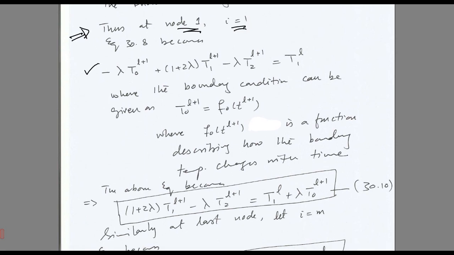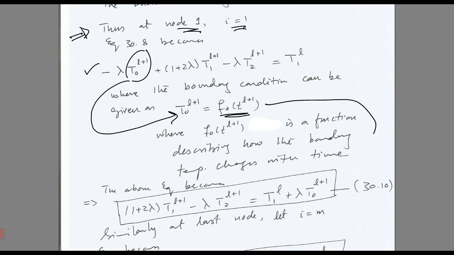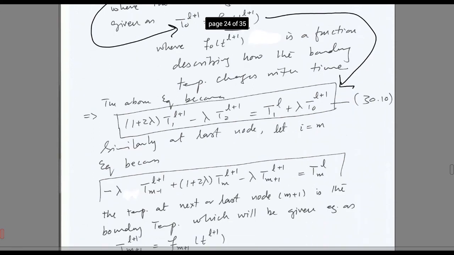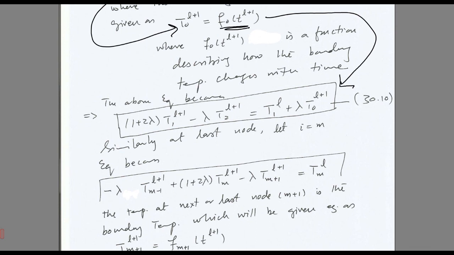As we discussed, there will be a boundary condition here, and this value can be represented as a function, but it will be known, so we will bring it to the other side, and that's why this is brought here as 30.10. The same thing happens with the last node, where this value will be known to us.